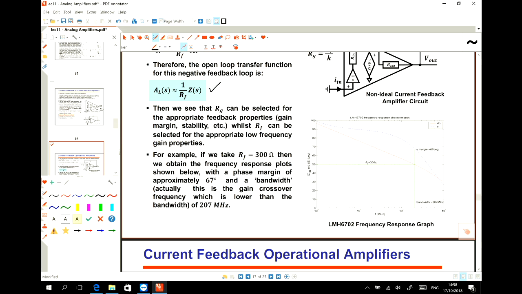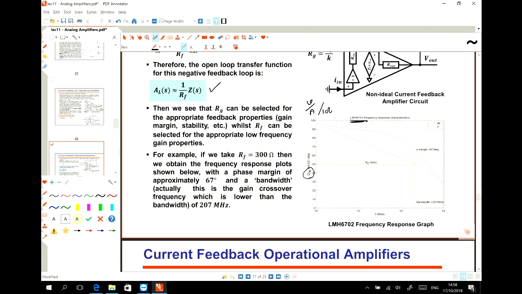All right. So this is a current feedback op amp. Again, we have the Bode diagram, and this Bode diagram shows the amplitude of Z. This is actually volts divided by amperes divided by 1 ohm.